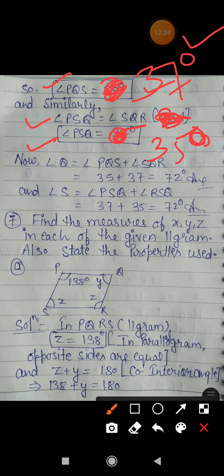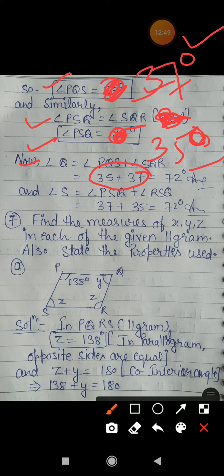Now you have to put the values for finding angle Q. Angle Q is the sum of angle PQS and angle RQS. You add these and find the total value, 72. This is the value of angle Q, and also you have to find angle S.